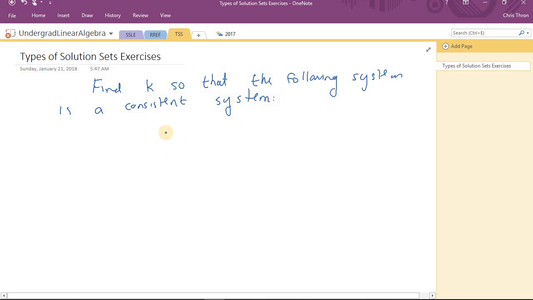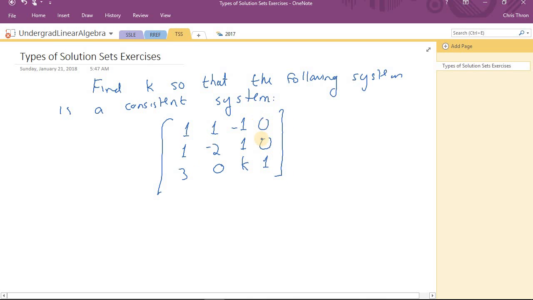And I'm going to give you this matrix: 1, 1, minus 1, 0; 1, minus 2, 1, 0; 3, 0, k, and 1.